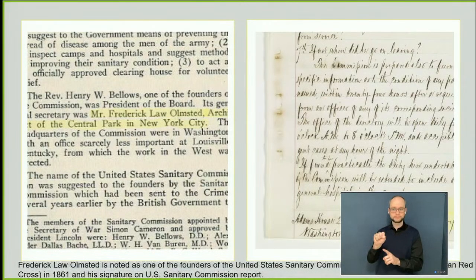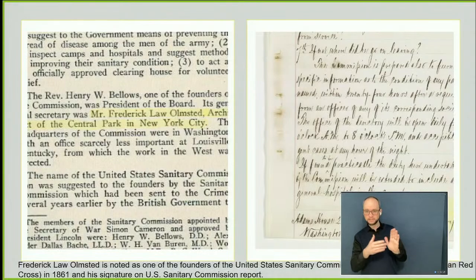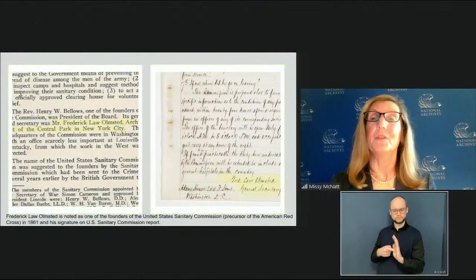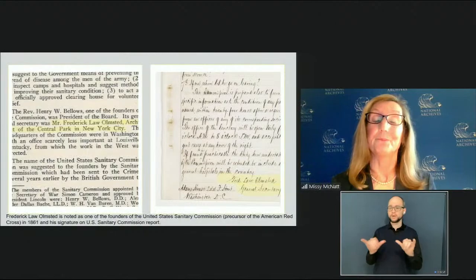And on the slides, you can actually see his signature that's highlighted. Olmsted was selected for this position because of the extraordinary organizational and administrative skills that he demonstrated when he was the architect in chief at Central Park.